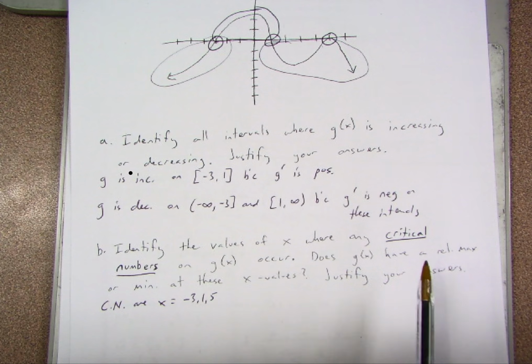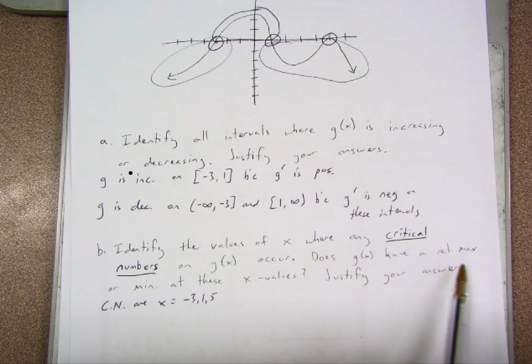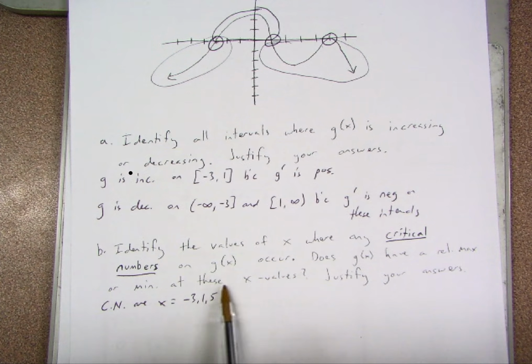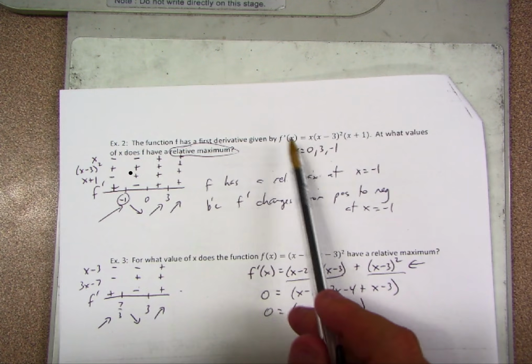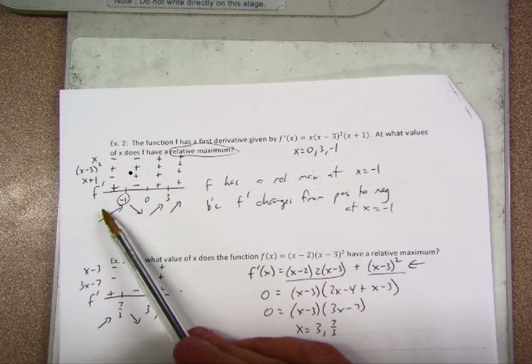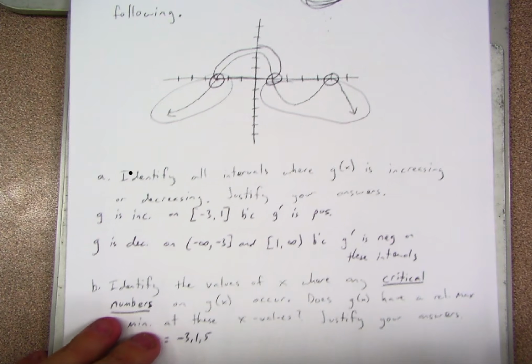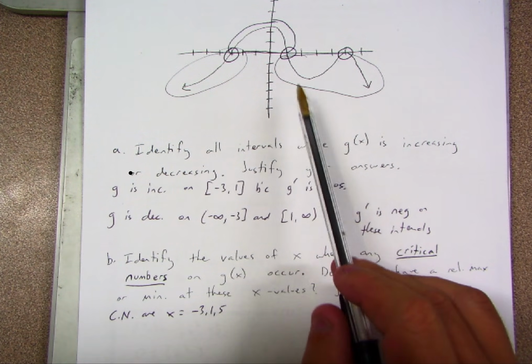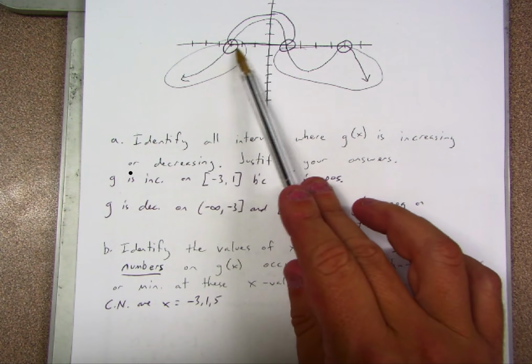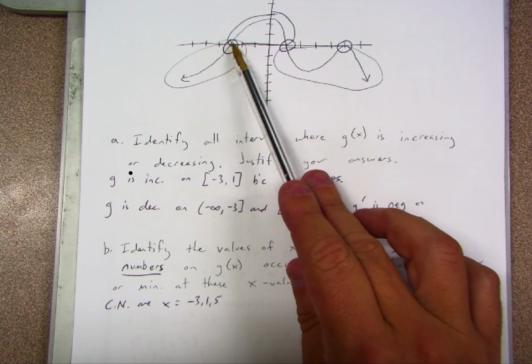The second part of the question says, does G have a relative max or min at these x values? Justify your answer. So notice what we did on the other problems. We were trying to figure out, I know it was f prime, but we were trying to figure out, where does f prime change from positive to negative or negative to positive? We could do the same thing with a graph. We need to figure out, at these critical numbers, does G prime change sign? And at this one, it does.